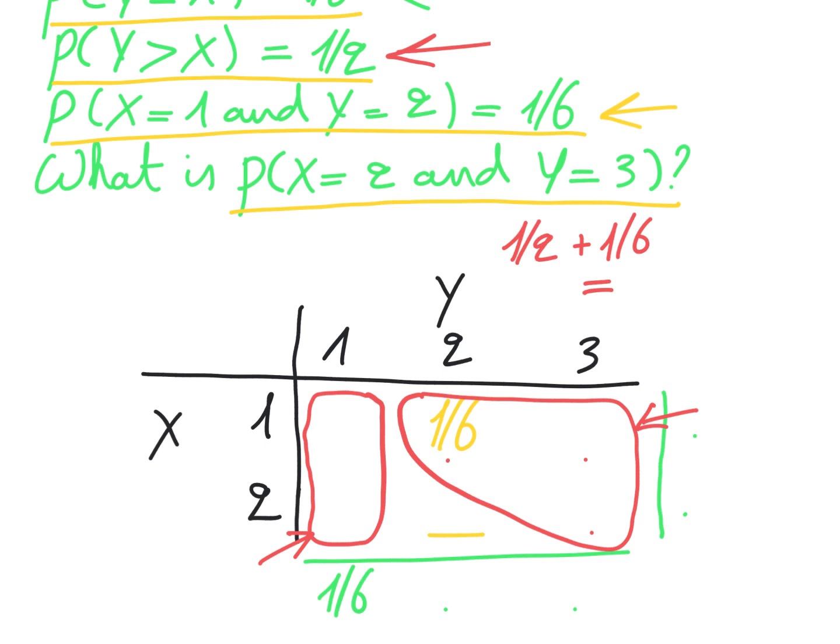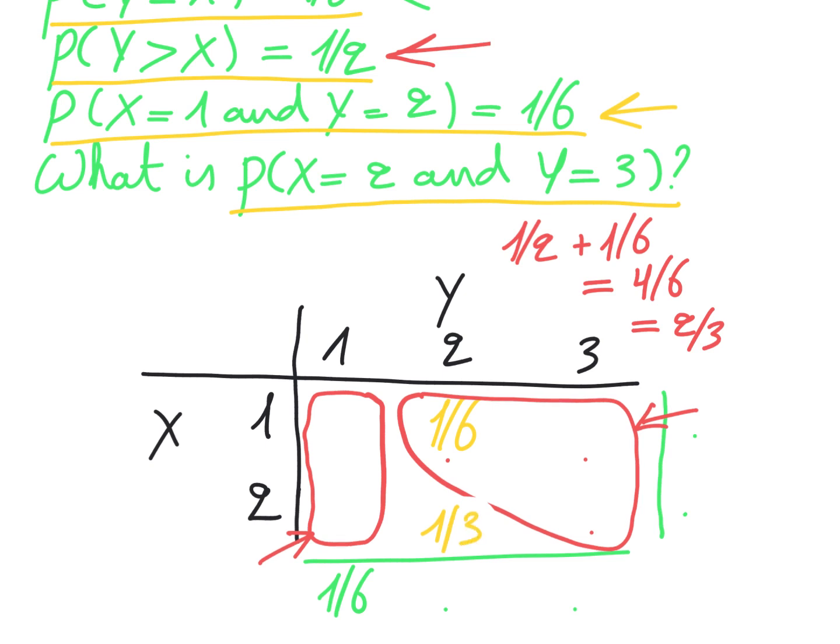If we add those two, then we get 1 over 2 plus 1 over 6, and so that's 3 over 6 plus 1 over 6 is 4 over 6, or 2 over 3. Well, since the total probability should be equal to 1, we know that this value over here should be 1 over 3. That's since the probability of the red area is 2 over 3.